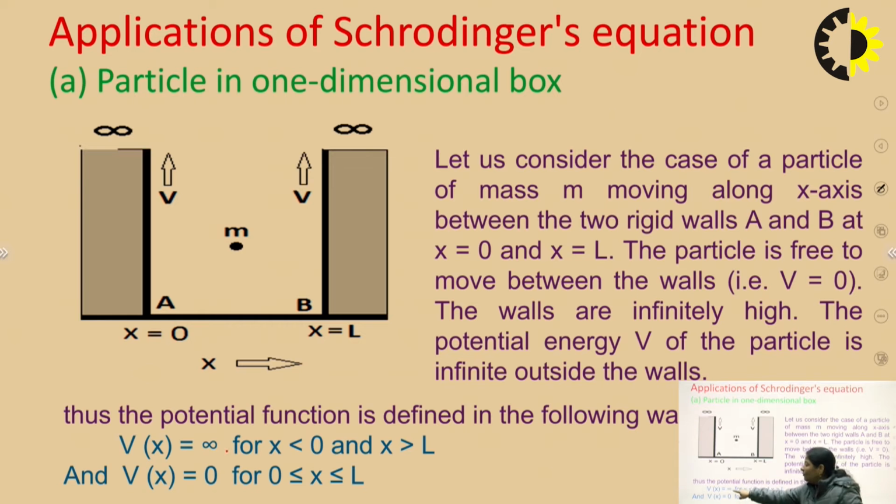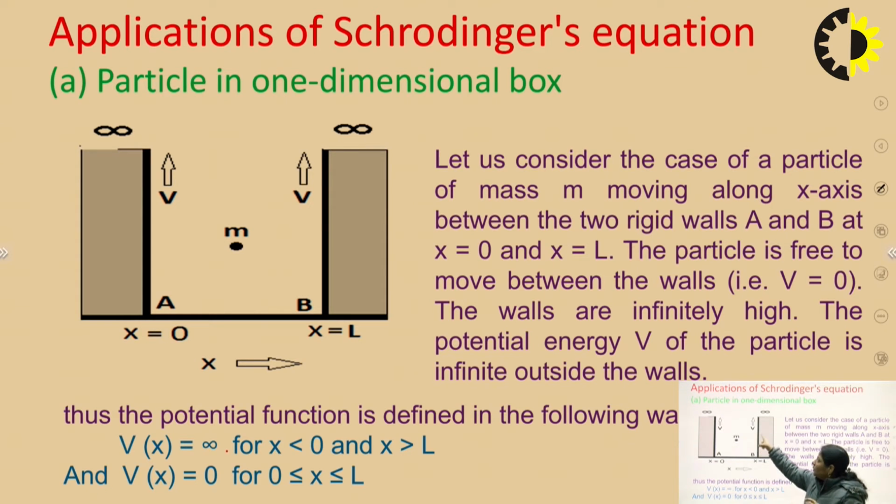So this is infinite when the particle is at these boundaries, and the boundaries are x equal to 0 and L. So x smaller than 0 is actually not possible, but it is written just for the sake of the condition. It means the particle is here only. And similarly, x greater than L is not possible, but it is written just for the sake of the condition, that x may be equal to 0 also, or equal to L also.